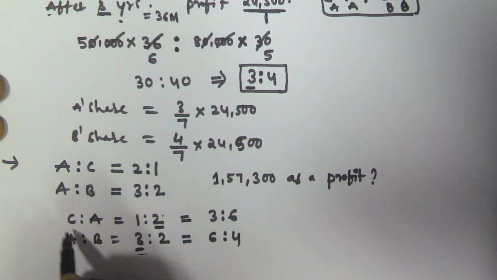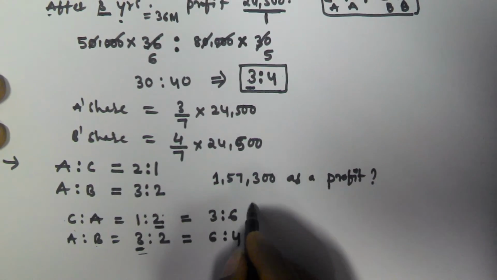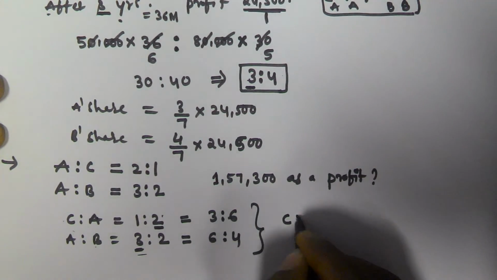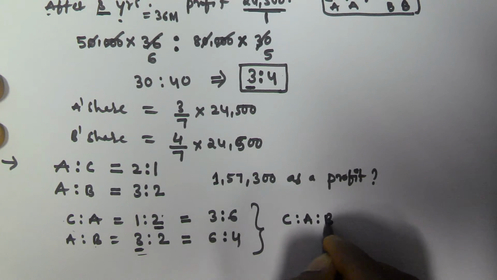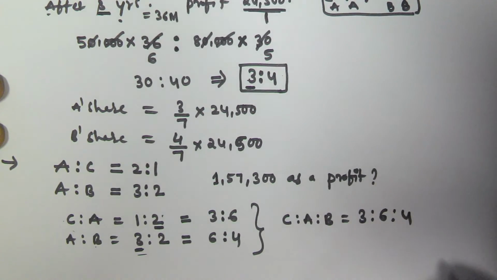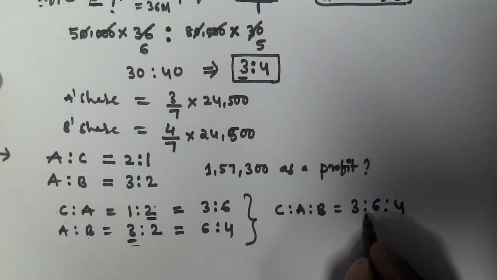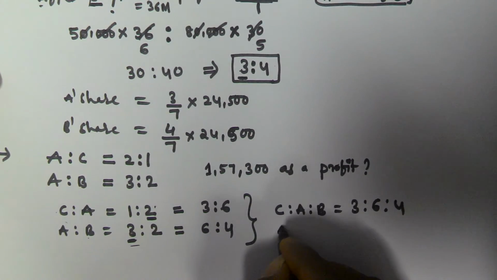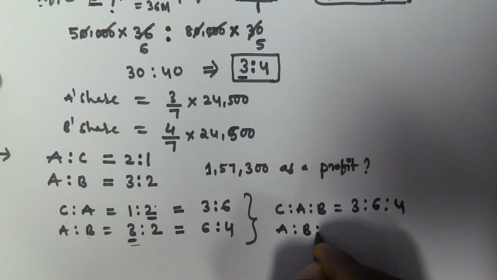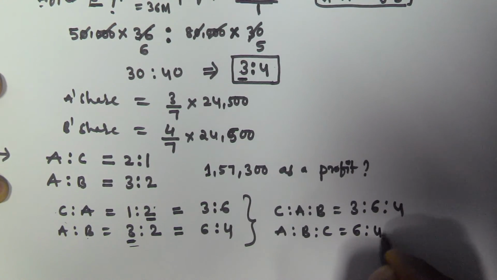So now C ratio A ratio B is equal to 3 ratio 6 ratio 4. The same I can write as A ratio B ratio C is equal to 6 ratio 4 ratio 3.